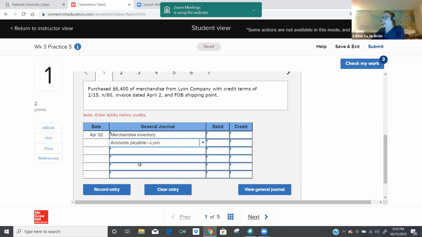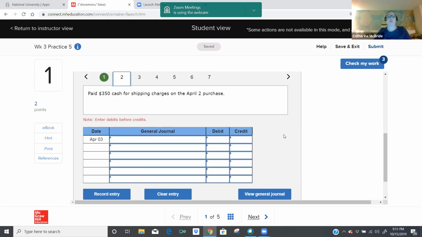So on my sheet of paper, I'm writing accounts payable Lion, and I'm doing a T account and I'm saying, okay, so right now I have a $6,400 credit, and you'll see why as we proceed through these. All right, so that's the first entry.